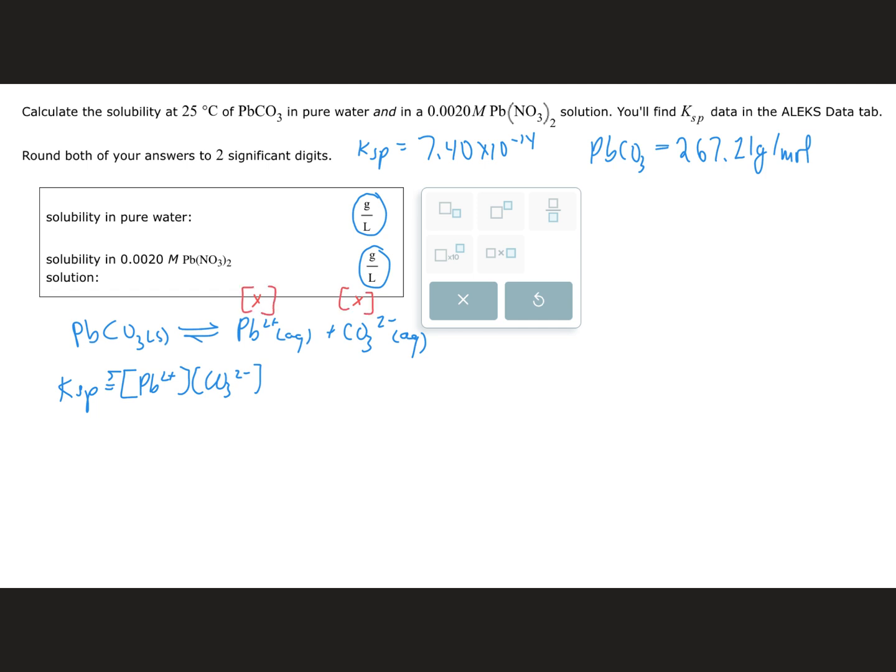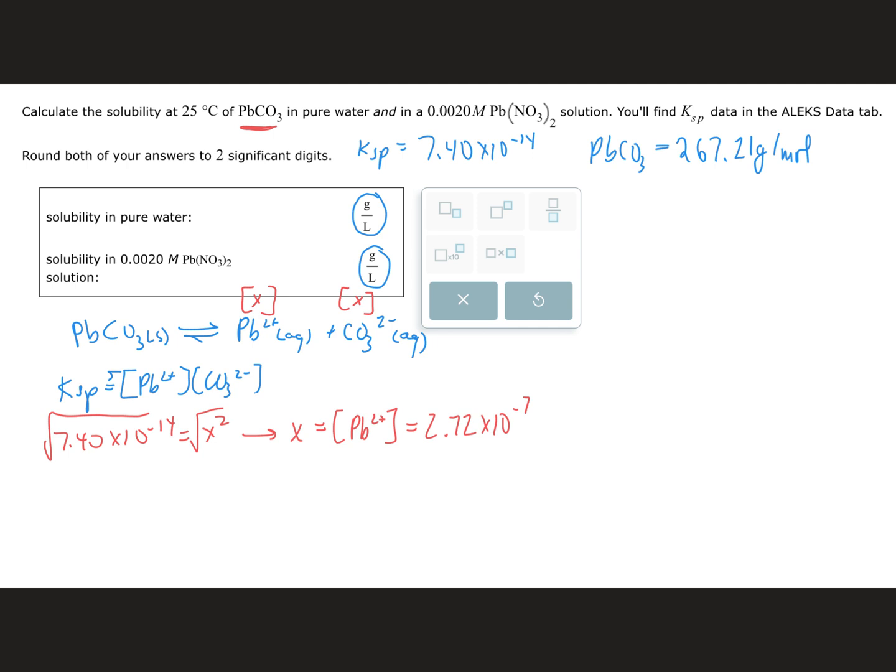So my KSP of 7.4 times 10 to the minus 14 equals x times x, right? That equals x squared. Take the square root of both sides to see that x, which is my concentration of lead in solution and therefore my solubility of lead carbonate, to be 2.72 times 10 to the minus 7 molar.